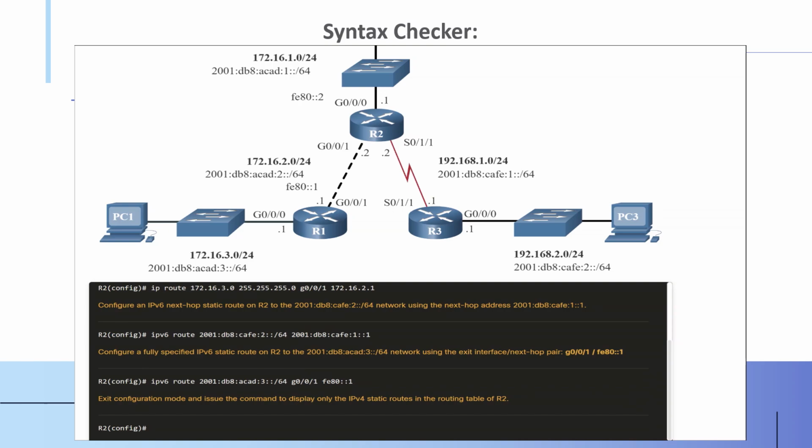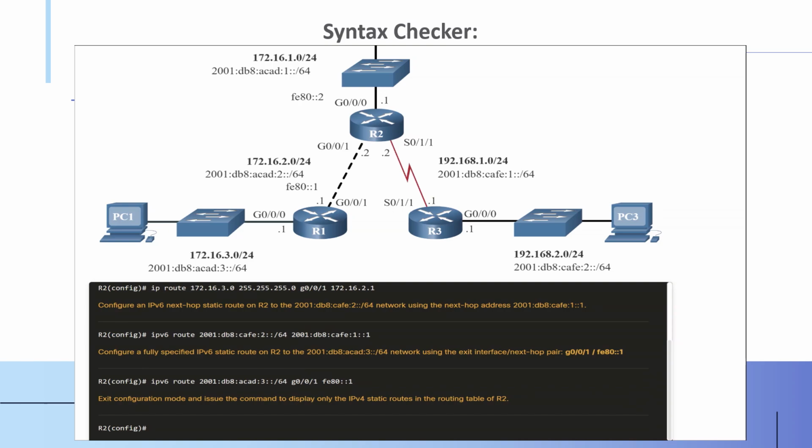And as we said, fully specified means that we have to use the pair exit interface and next hop, where the exit interface for router 2 is giga001, and the next hop to reach the LAN network directly connected to router 1 through interface giga00 is the link local address of the interface giga001 on router 1.